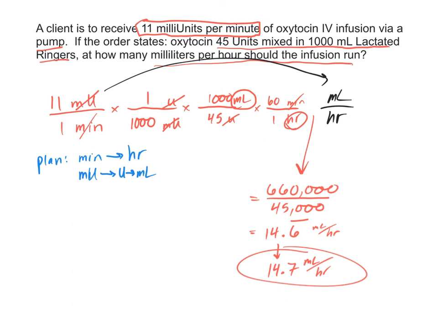And what we need to think about is, how is this getting into the patient? In the previous problem, it was with a pump, and in this problem, it's with a pump, so we need to convert that to milliliters per hour. You should also be able to, if necessary, if you're using a gravity set, use the tubing calibration to convert into drops per minute. So that's also something we will see.